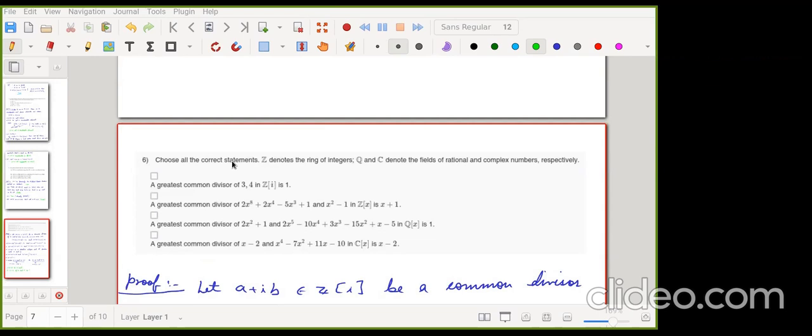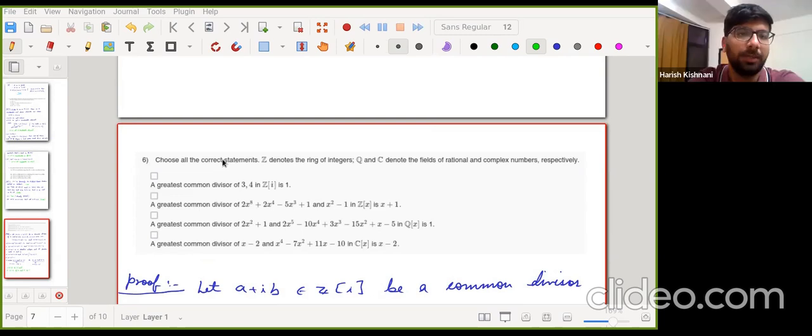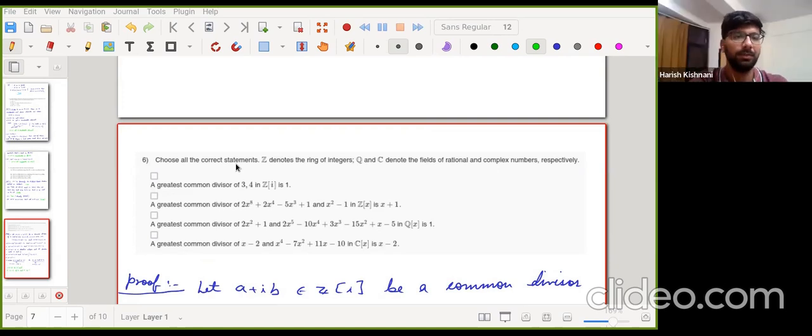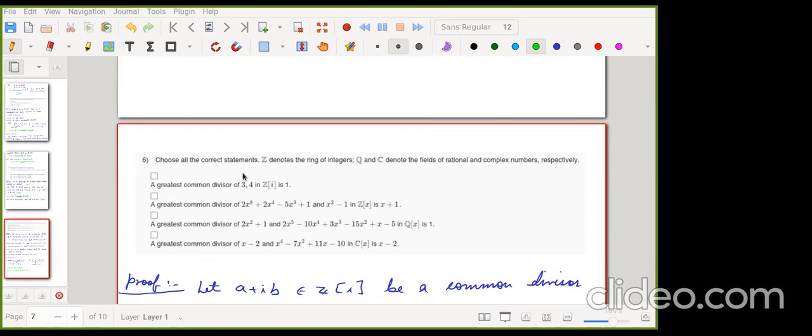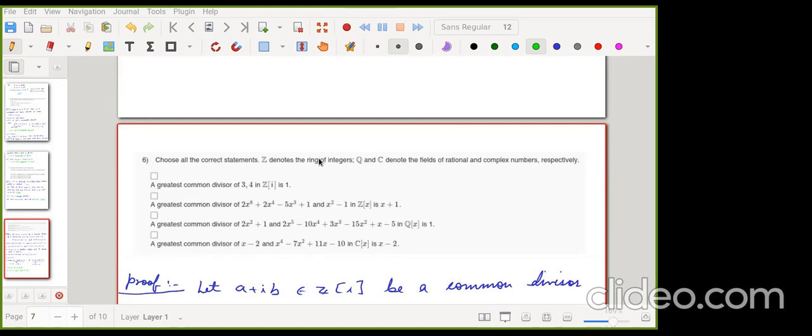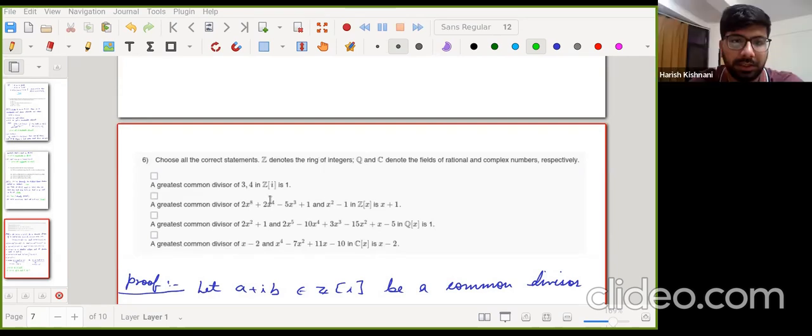So the only possibility that remains is the morphism for which the kernel is 0, that is, an injective homomorphism. For a field domain, the only ring homomorphism is the injective homomorphism. That's why option B is not correct, because you cannot have an injective homomorphism from C to R.